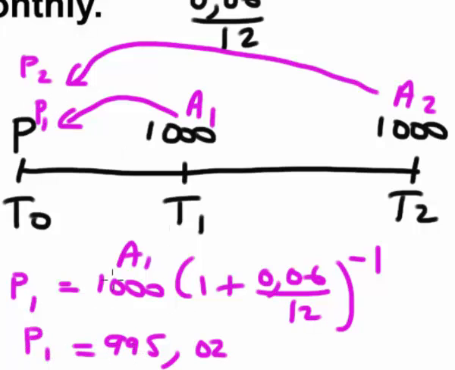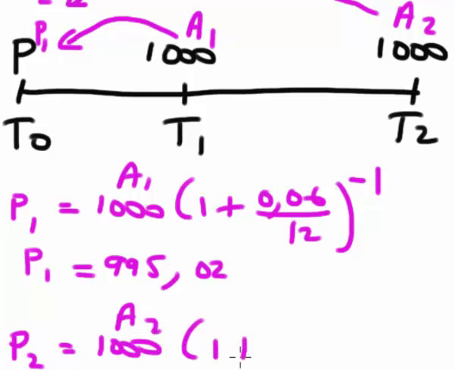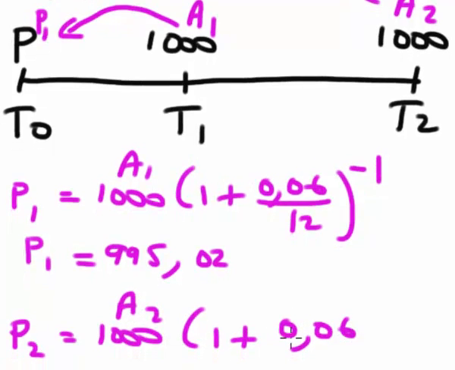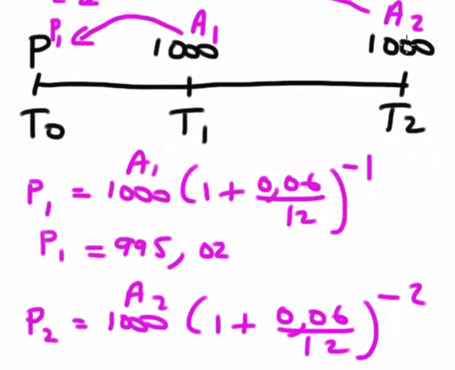Remember, it's a lower amount. It's like you borrowed 995 Rand and after a month you pay back 1,000. What about A2? The amount borrowed corresponding to A2 would be A2 into 1 plus 0.06 over 12 to the negative 2, all Grade 11 and 10 stuff, because you're going back 2 months.